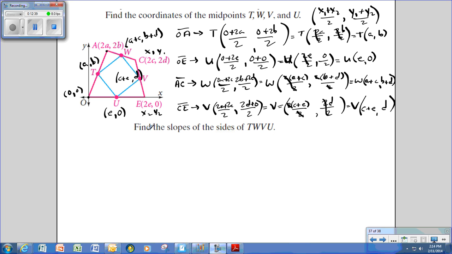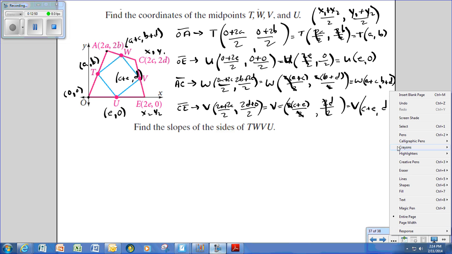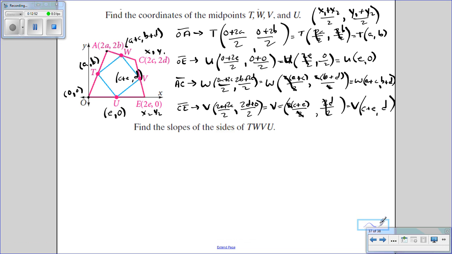The last part of this problem, we're asked to find the slopes of the sides of the shape TWVU. So we're focusing on the blue quadrilateral. So we're going to find the slopes of those sides. Okay, now slope has a formula all in its own.